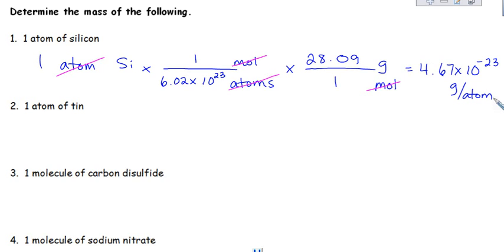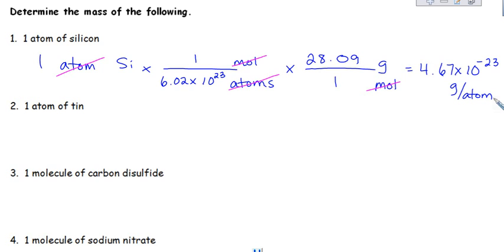I'd have to take the decimal spot backwards 23 spots. So it'd be like 22 zeros and then 467. There's no way I could measure that in a lab. I think the gist of it is that we should understand how small an atom really is. I mean, the mass of one individual atom is really immeasurable.